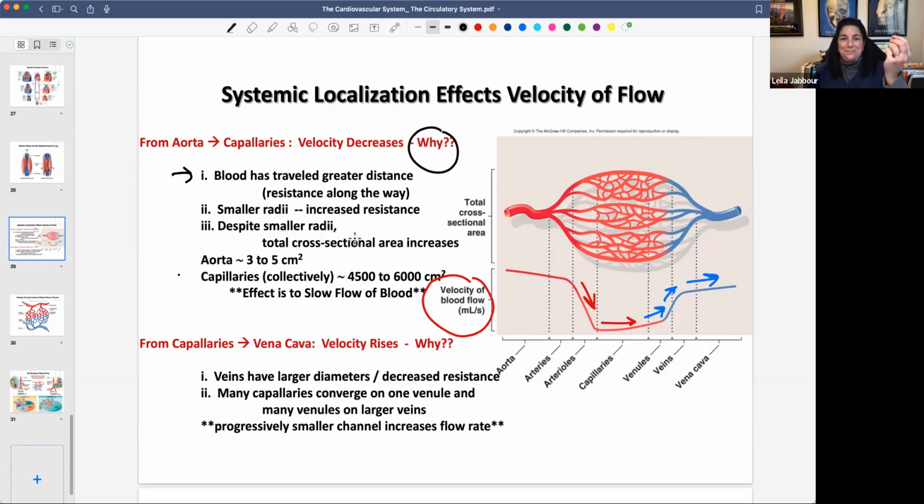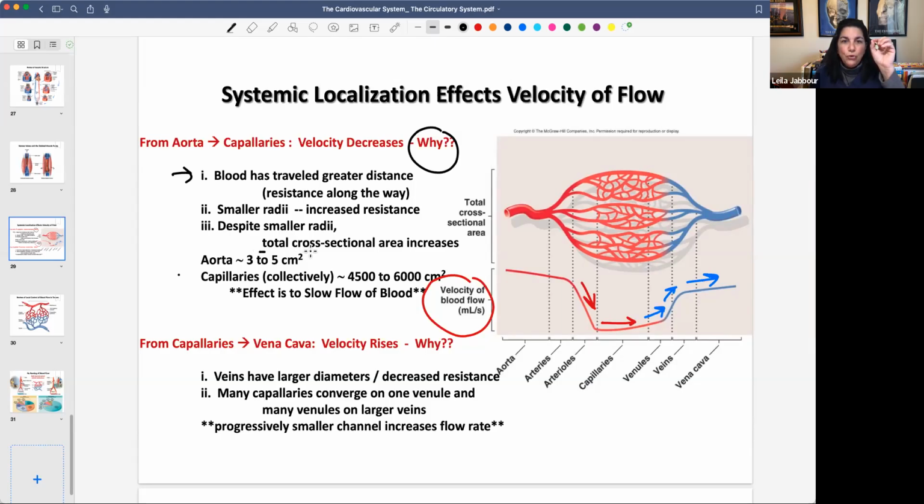So we have the small radii, we say in the plural of radius. However, the way we look at this in a capillary bed, we actually look at the sum of all of these radii. So despite the smaller radii, you look at the total cross-sectional area.